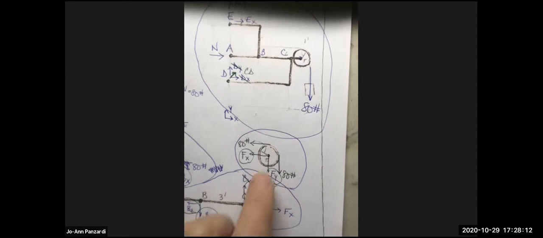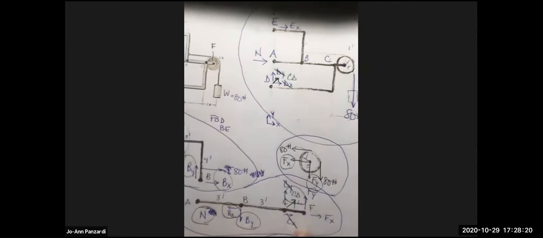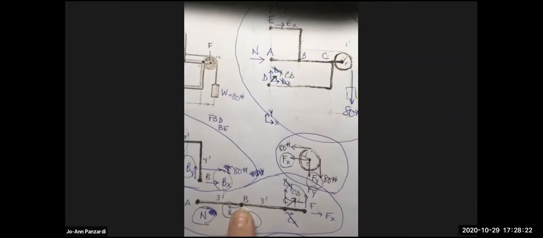On the pulley, I have an 80 tension here, 80 tension here. I could find FX and FY. So you could do this free body diagram first. Then you could go to this free body diagram, because now you have FX and FY, and you could do the sum of the moments about N at point A, and you could find what BY is.